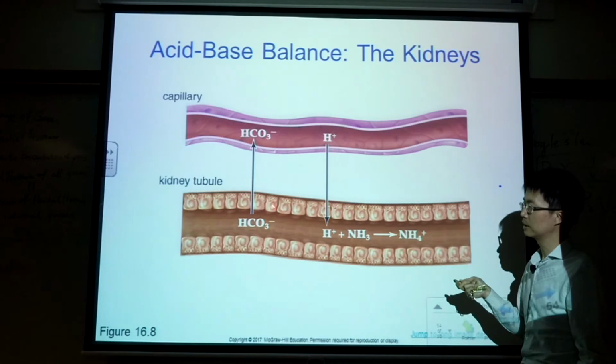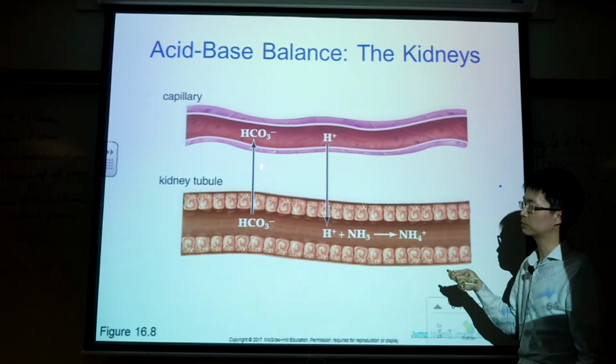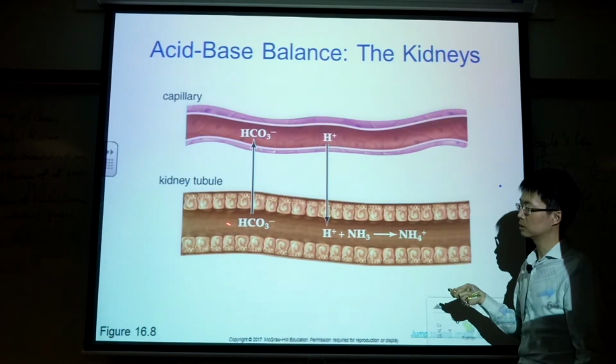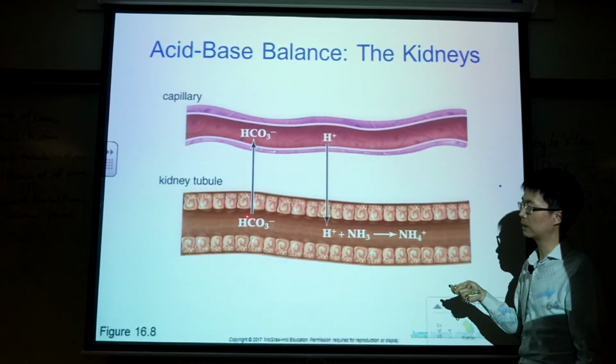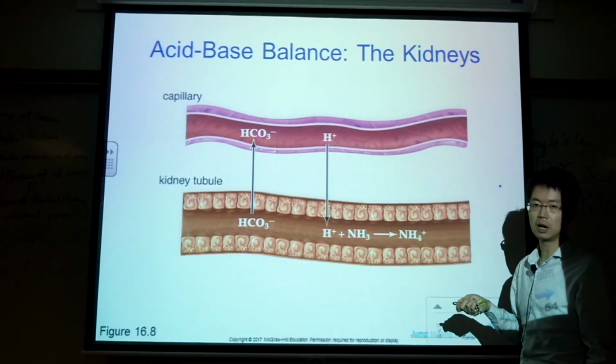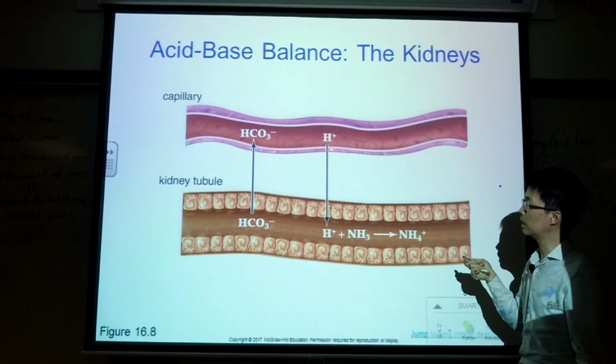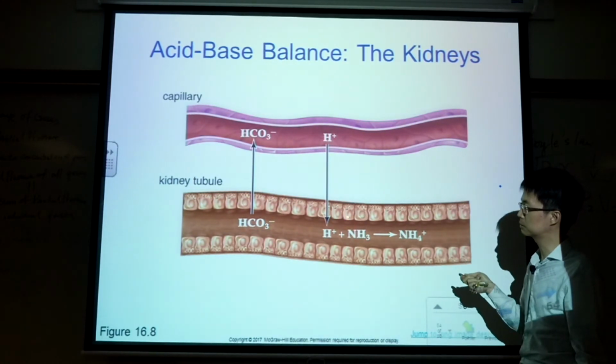So this part from your kidney tubule to your capillary, we call it reabsorption. So the bicarbonate ion can be reabsorbed back to your blood so that it will increase the buffering capacity of your blood. Or the hydrogen ion can go from your blood back to your kidney tubule.